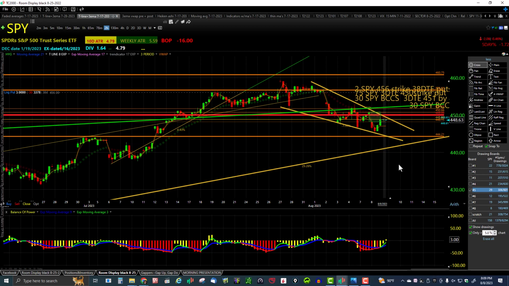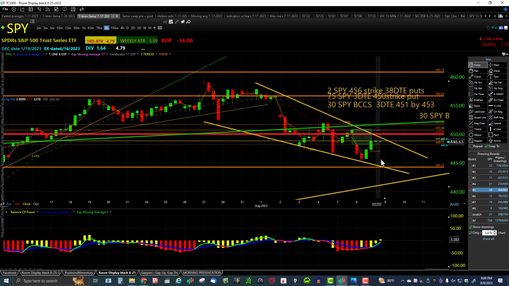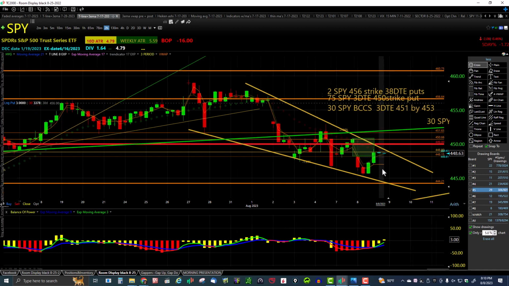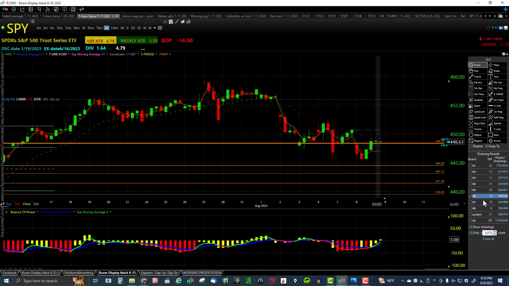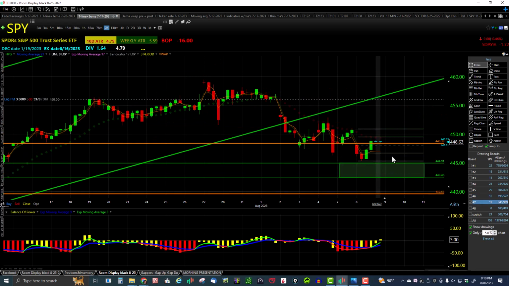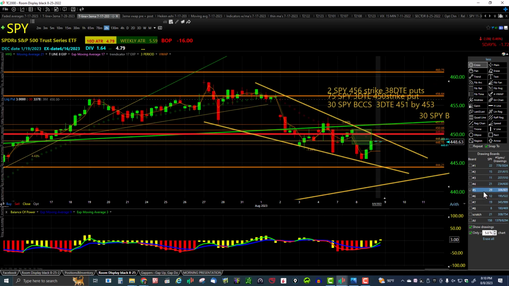Now, if you see here, my pivot for tomorrow, I'm going to give that to you right now, the pivot is 447.30, and I know I have it here somewhere.